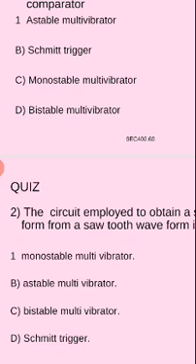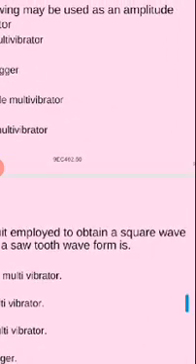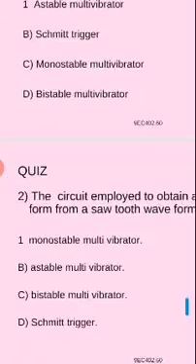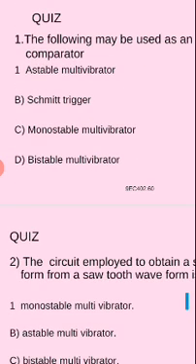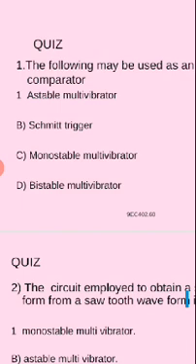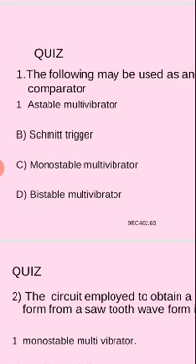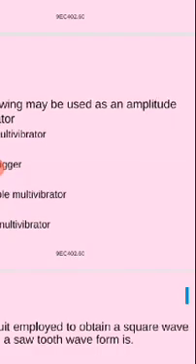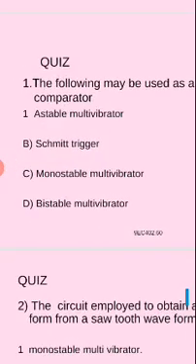Second quiz: the circuit employed to obtain a square wave. For the above circuit, answer is, I read once again for the first question. The following may be used as an amplitude comparator.